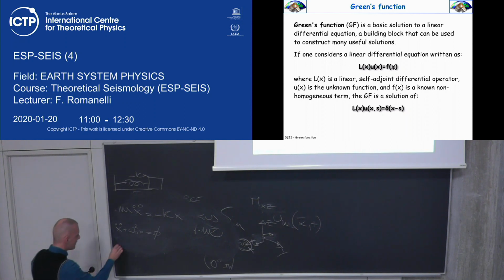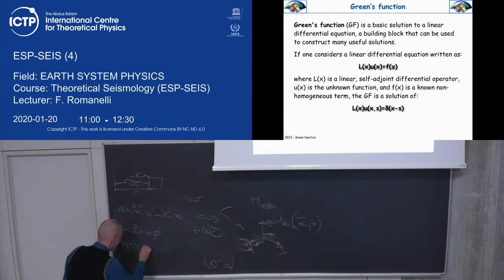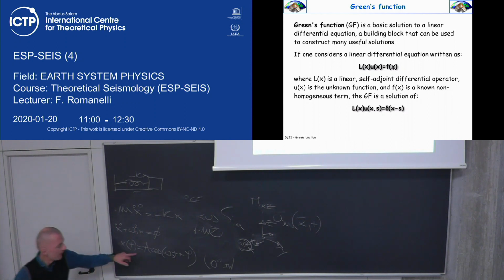And the solution is circular, sinusoidal, where amplitude and phi, amplitude and phase, are decided by initial conditions. What does it mean? Okay, displacement and velocity. Zero initial displacement, some velocity, and we can write it. Zero initial velocity, some displacement, and we can write it.